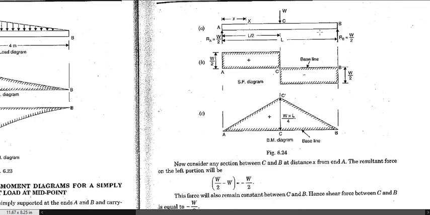So as per the sign convention, if we want to find out the shear force at this cross section, let us suppose that this is a cross section XX. Okay, so if an upward force is acting on the right hand side of this cross section, then in that case the shear force will be negative.